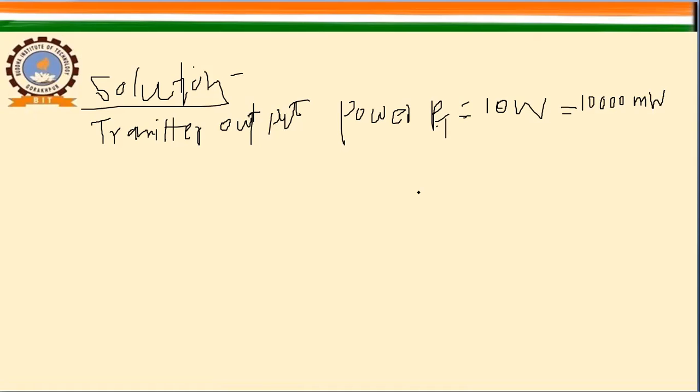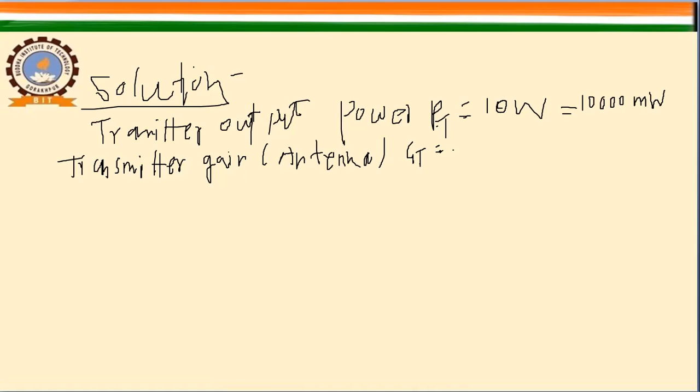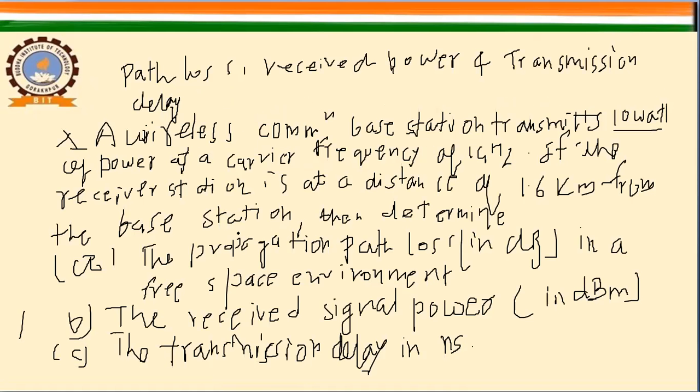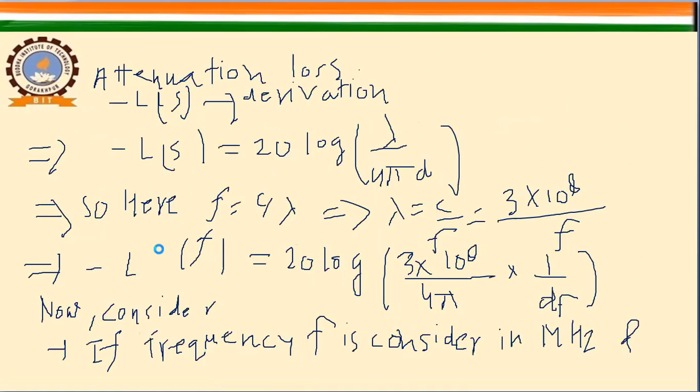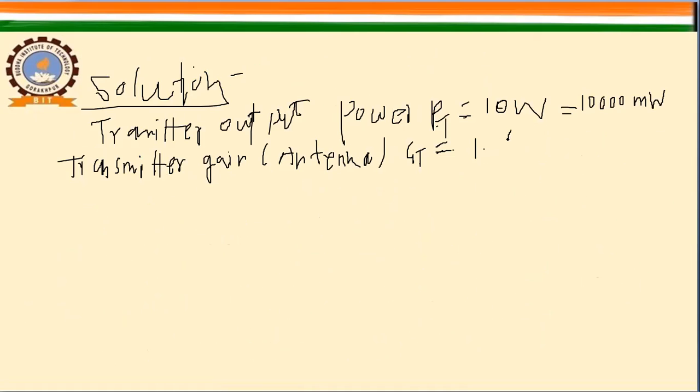The transmitter antenna gain, that is G of T, is 1.6.